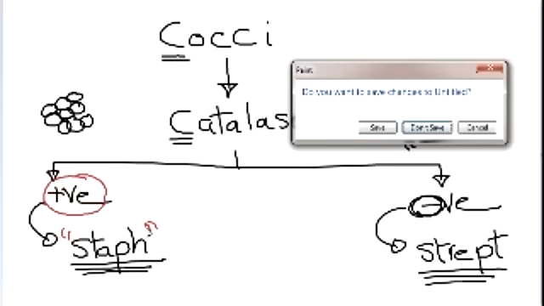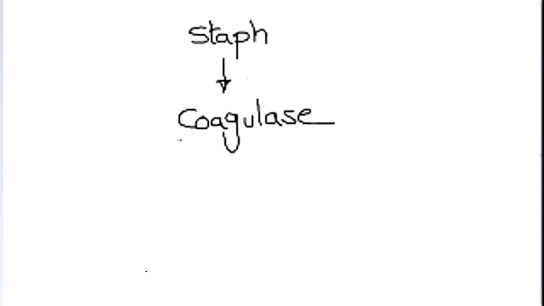The next step, if you got staph, is to test for the coagulase enzyme, and it's another C. So at first I test for catalase, with a C. If I got staph, I test for coagulase, with a C. So what's the coagulase enzyme? Coagulase is the enzyme produced by Staph aureus to coagulate fibrinogen and form fibrin.